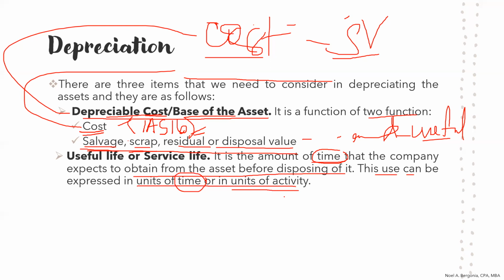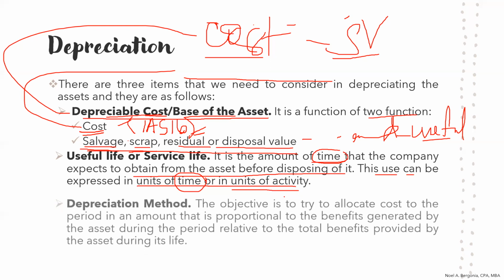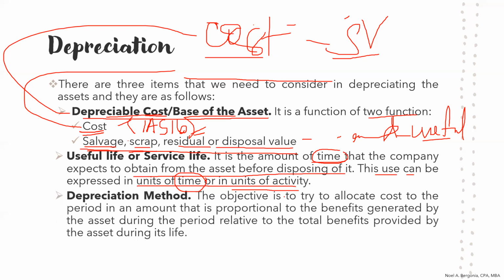But as you proceed in your higher accounting subjects in the future, pag kayo nag-take ng accounting related courses, then you will discuss there your change in accounting estimates. Okay, so that's the second element, the useful life or service life. And last is yung depreciation method.